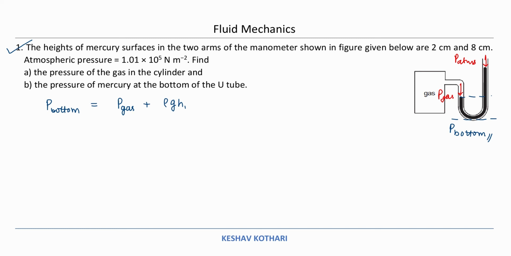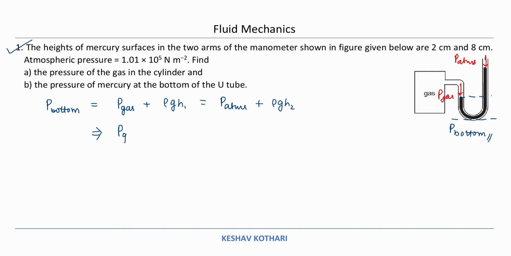This can be equated with the pressure on the right limb, that is pressure due to atmosphere plus rho g h2. So the pressures due to the left limb and the right limb are equated, and if I solve this, we will get the pressure due to the gas in the cylinder.